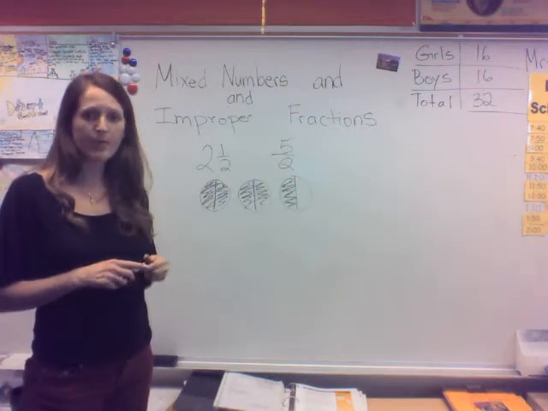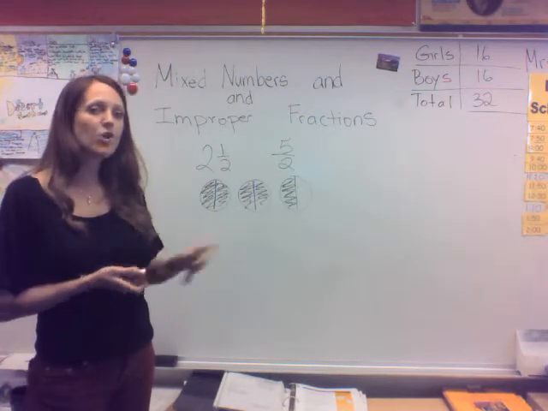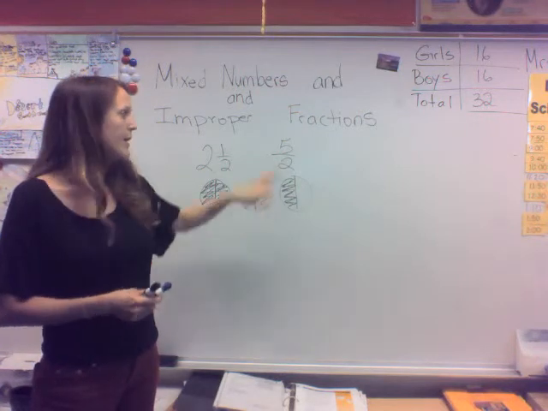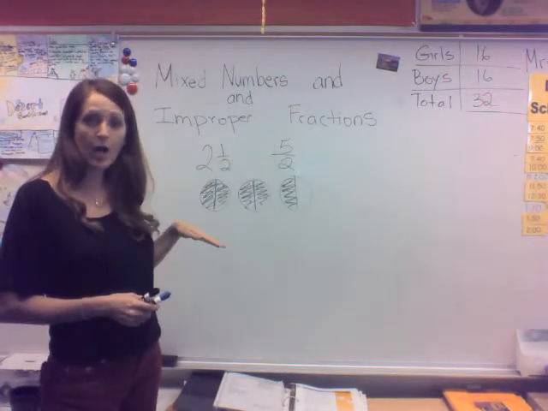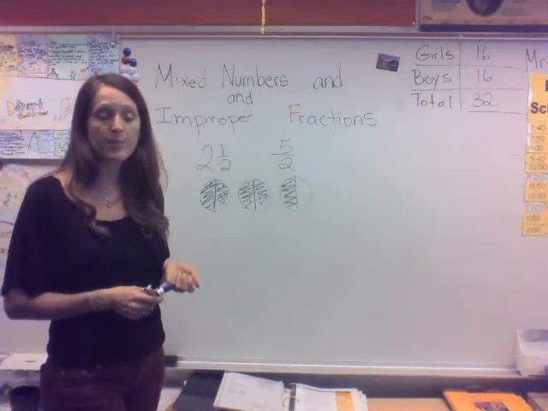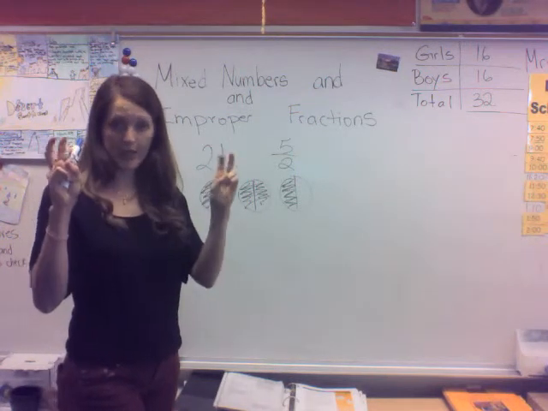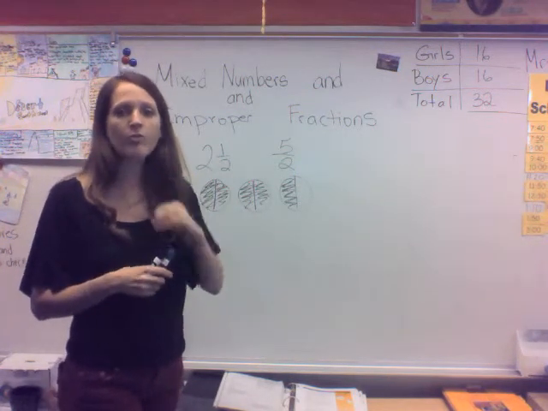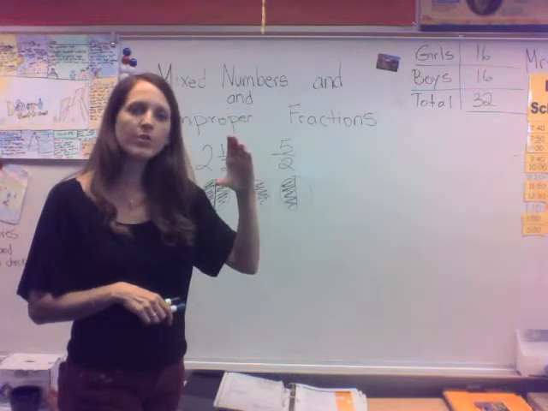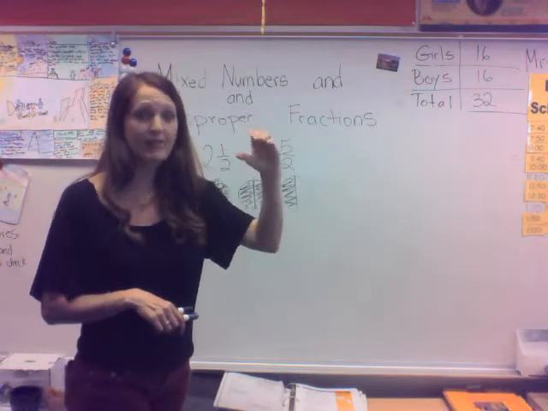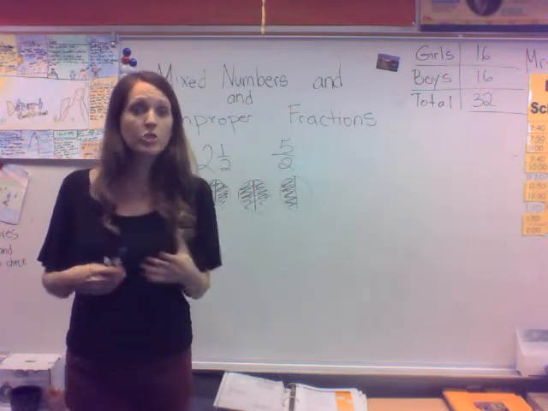Now something that's improper is incorrect, and these are called improper fractions because the larger number is on top. In most fractions, proper fractions, the smaller number is on top because the smaller number shows the pieces you have and the larger number shows the total.